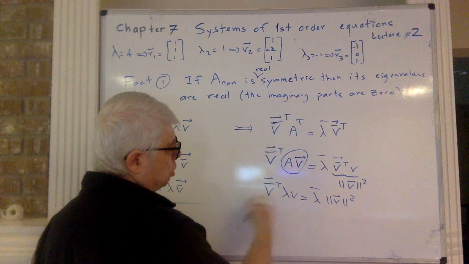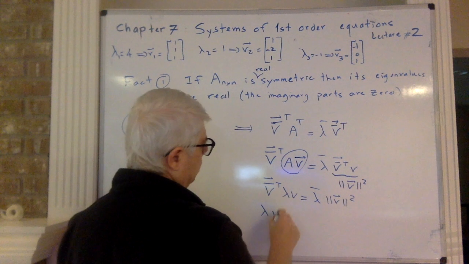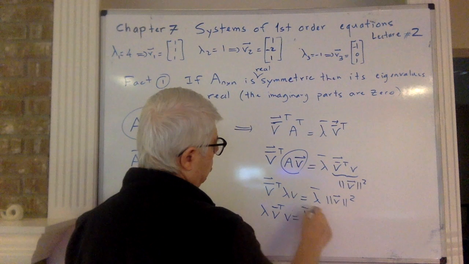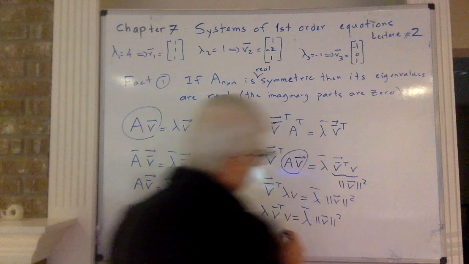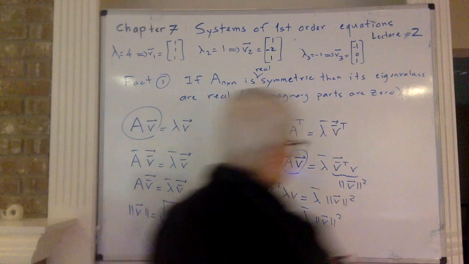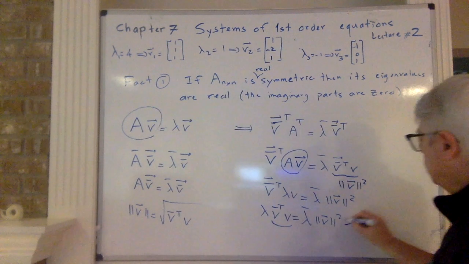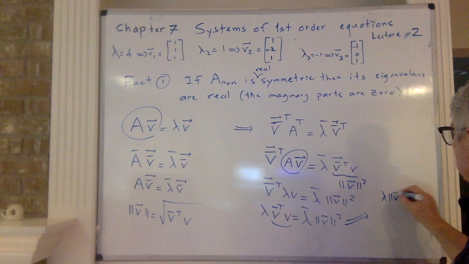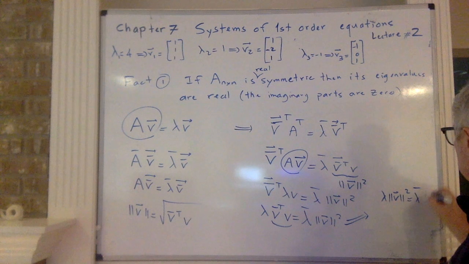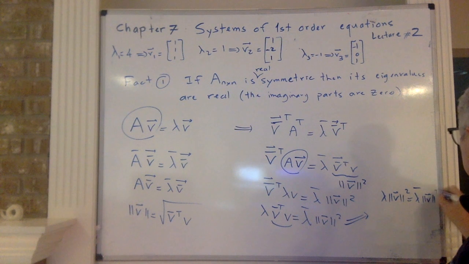But this lambda is just a constant, so it comes to the left, and V bar transpose V is again the magnitude of V squared. So that's what I get: lambda times the magnitude of V squared equals lambda bar times the magnitude of V squared.